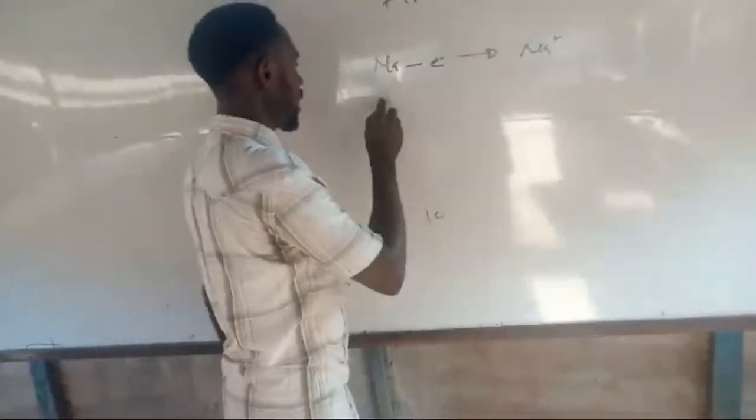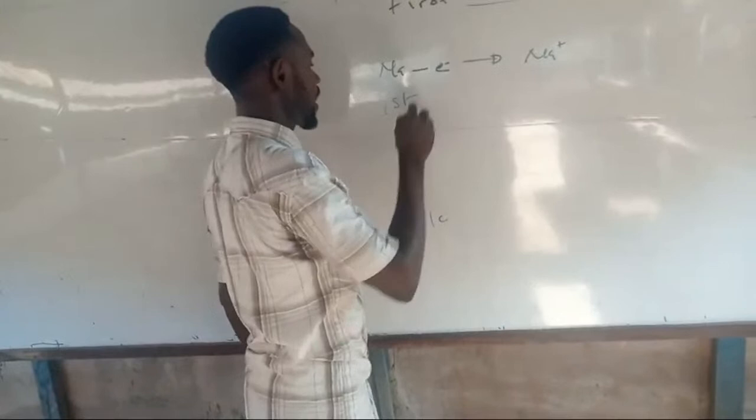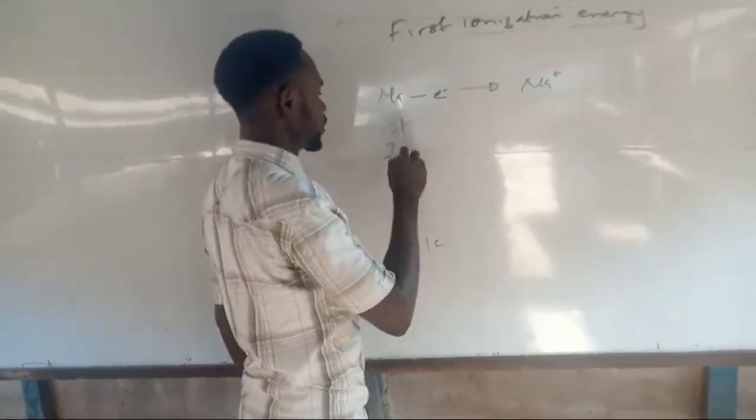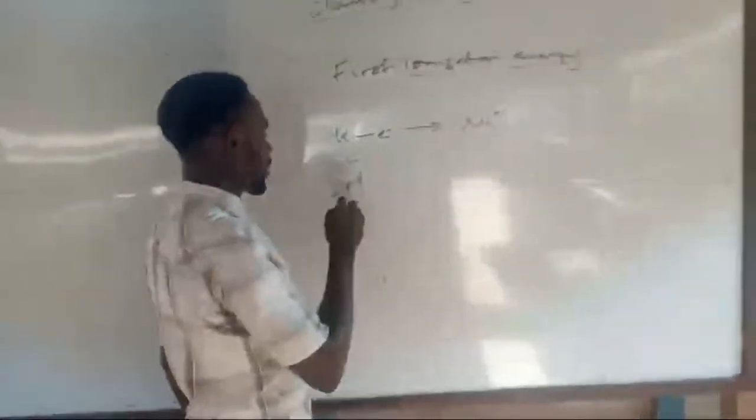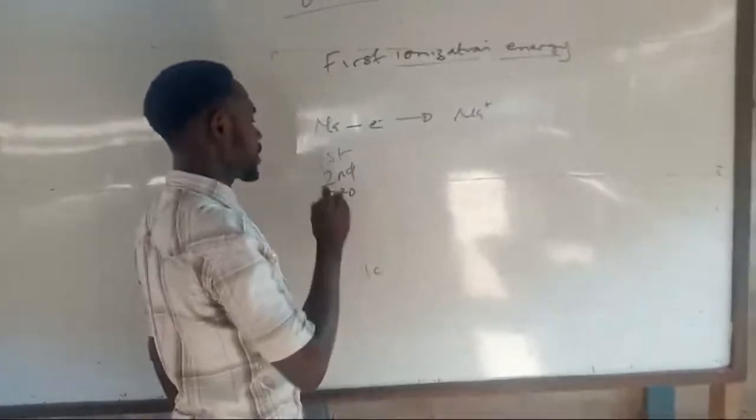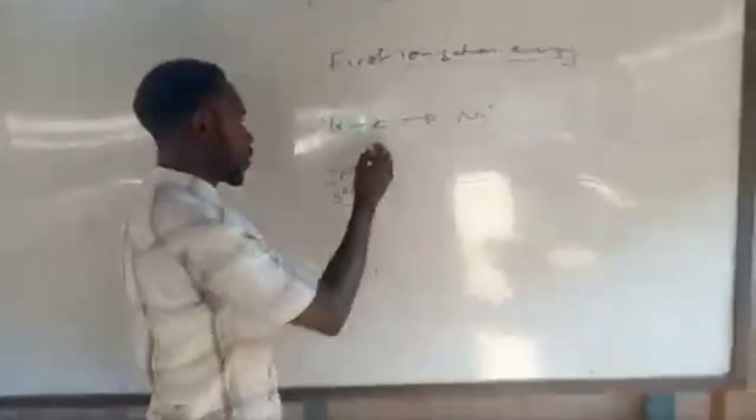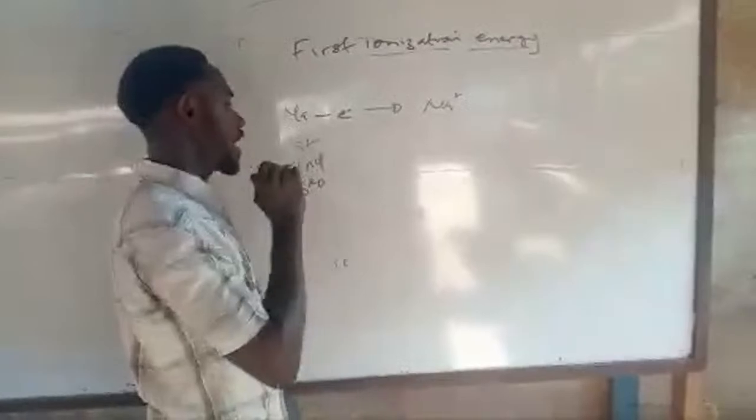And they are first ionization energy, second ionization energy, and third ionization energy. You get it when you follow my explanation.